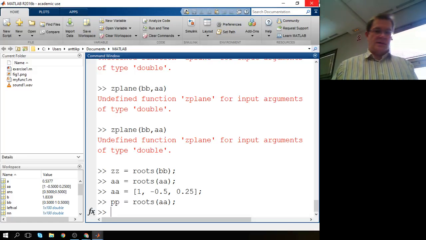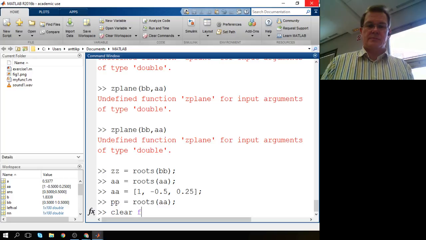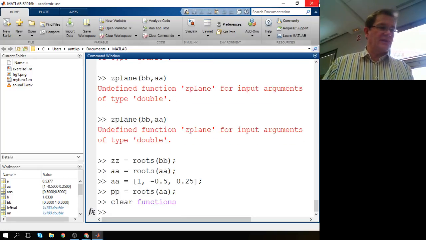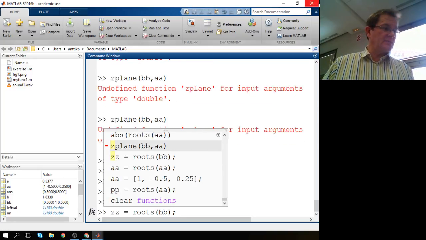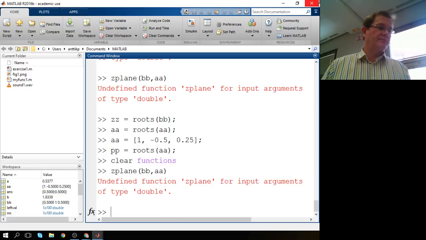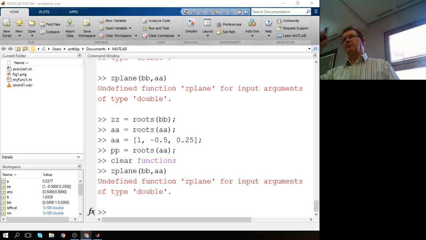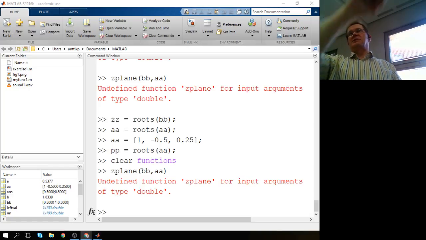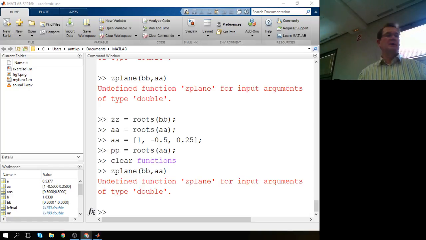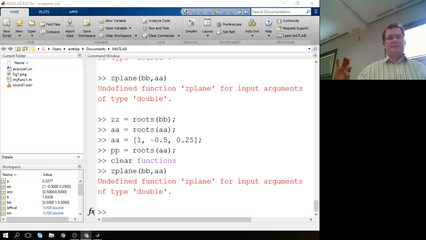Let me try clearing the function. Nope, no z-plane for me. But you got the z-plane working, and you can already say from the plot that the poles are inside of the unit circle. Fine, good.